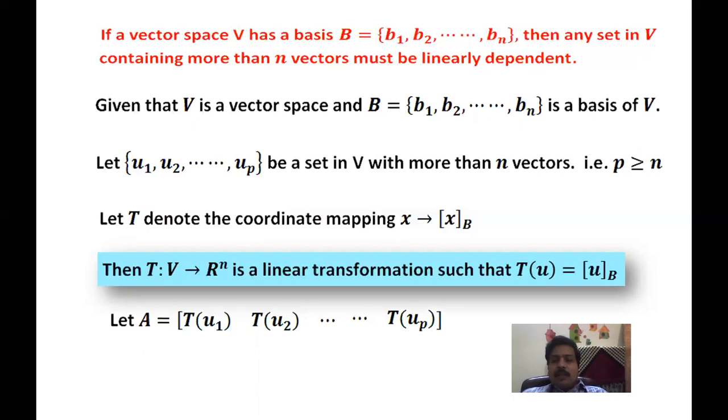So these are the coordinate vectors of u1. So that is a column matrix with scalars as coordinates. So using the columns T u1, T u2 and so on up to T up, let us form a matrix A.